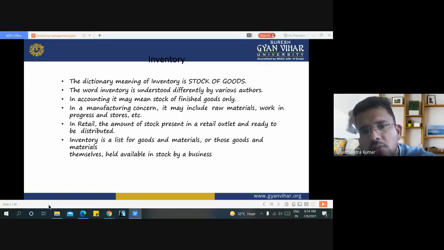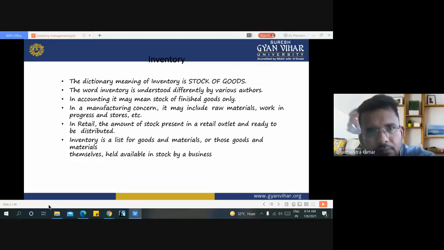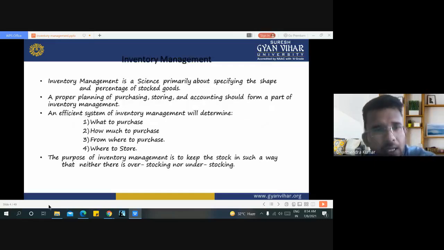Inventory is a list of goods and materials, or those goods and materials themselves, held available in stock by a business. Here are the basic requirements of inventory management, like which points determine the inventory management.